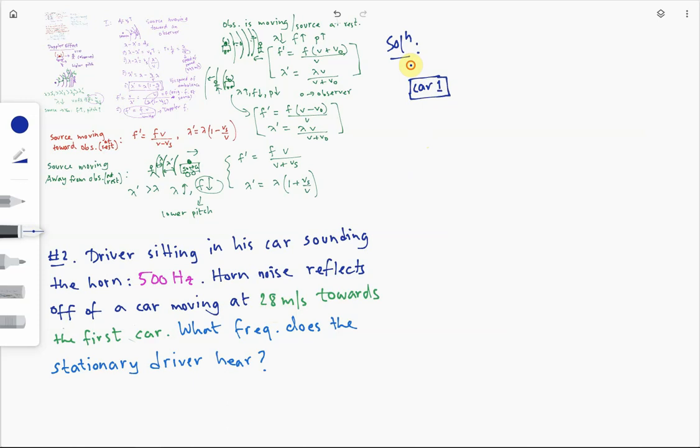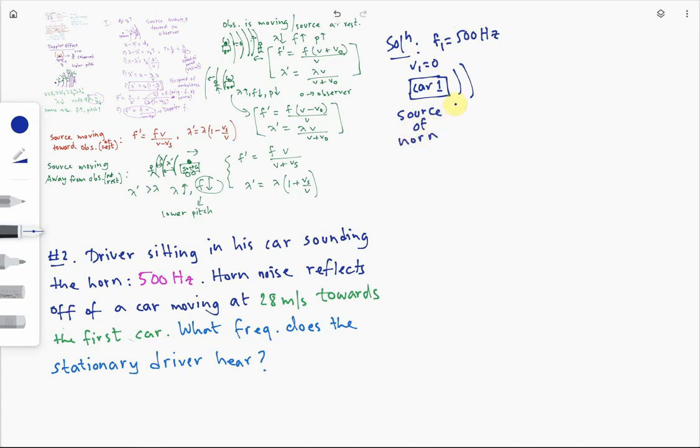Car 1 is just sitting there, so V1 is 0, and this guy is just sounding his horn. The horn frequency, let's call this F1, is 500 hertz. This is the main source of the horn.